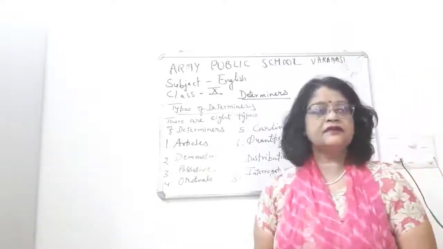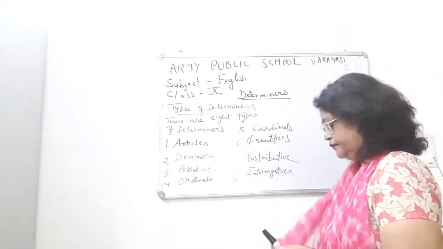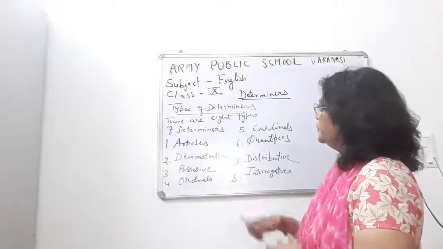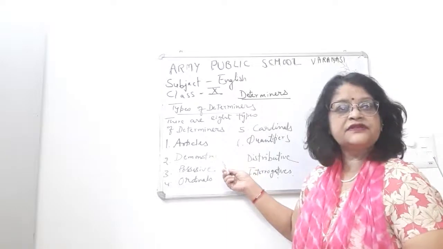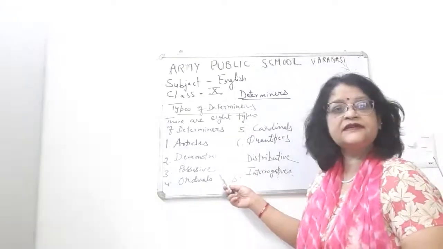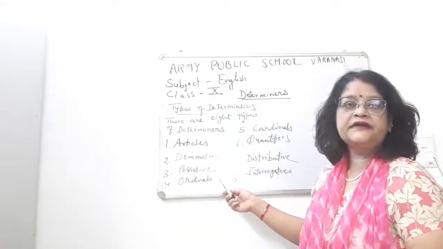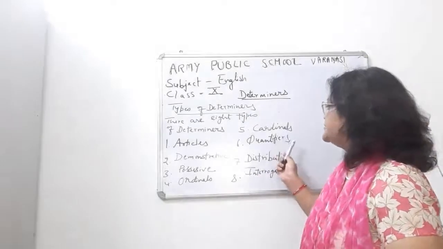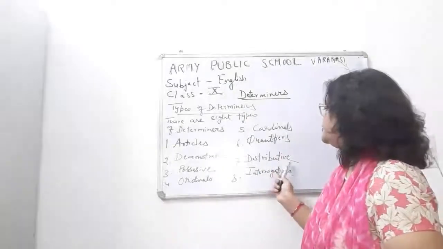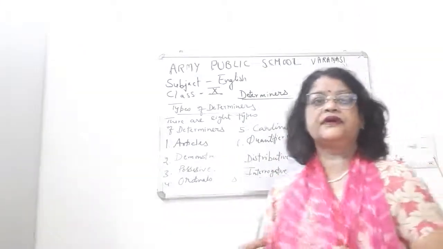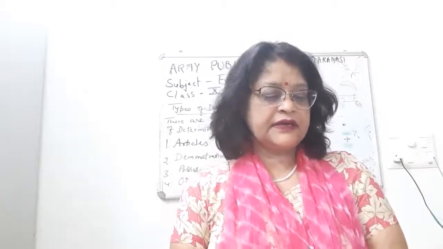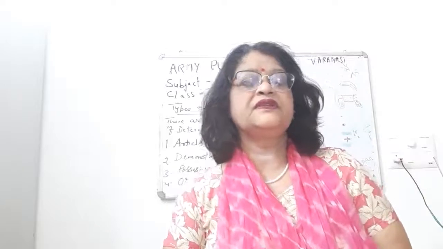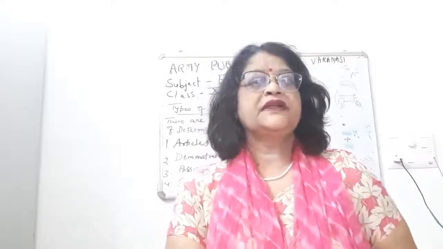What are they? They are articles, demonstratives, possessives, ordinals, cardinals, quantifiers, distributives and interrogatives. Once again we revise the 8 types of determiners.